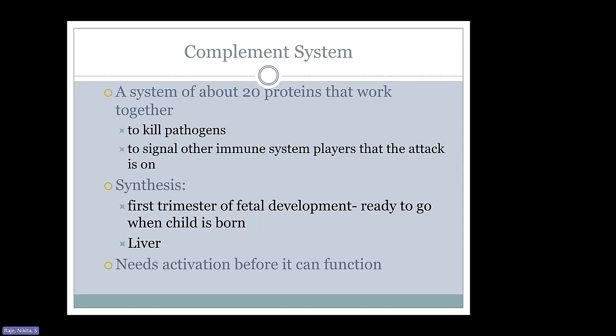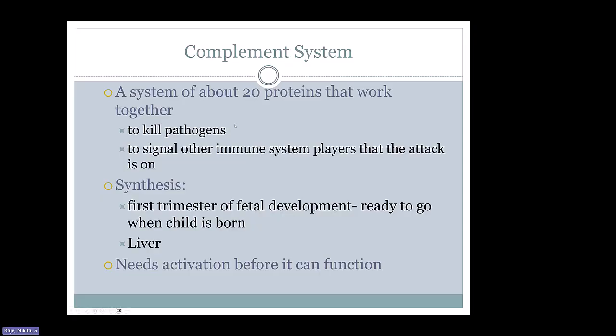The complement system, like any other part of the immune system, does need activation, and that's just a safety net because any part of the immune system, by its immune response, can cause inflammation, and the immune response itself, if directed towards the wrong molecule, can cause problems for the human body. So the complement system also needs activation before it can function.